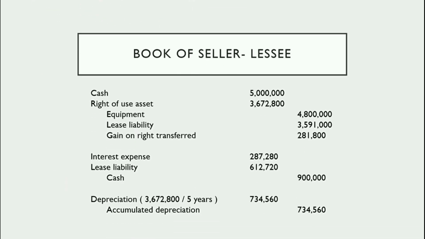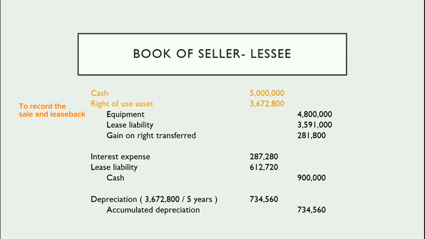After this, proceed naman tayo sa entry. You can turn your book to page 503 and andito pa rin naman siya sa aking illustration. So, start muna tayo sa books of seller lessee. So, first is to record the sale and leaseback. So, dalawa yung nire-record natin transaction dito, yung sale at lease. So, dito, we will debit cash, 5 million. Then also debit right of use asset, 3,672,800.